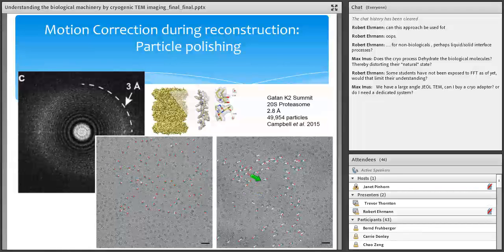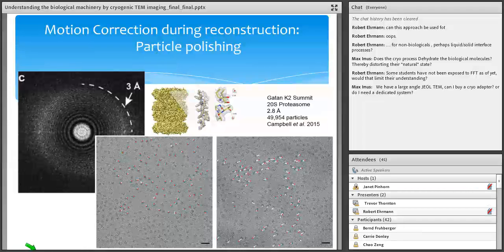You can see some images are better than others, but what you'll notice is they're not all moving in the same direction ultimately. And so we can further refine the position of the particle and improve the resolution even better. And that's what's really been getting us down to atomic resolution, this final particle polishing step.